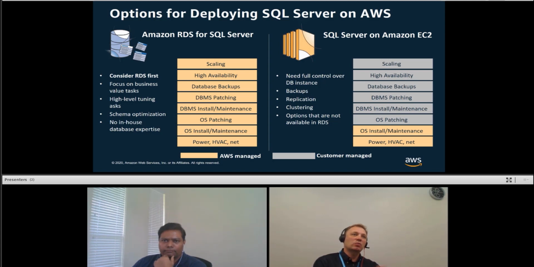Now contrast that with the left diagram, which is what you get out of the box on Amazon RDS. We, AWS, will be responsible for all of those tasks, and hopefully by the end of the discussion, you will be able to configure high availability, a backup strategy, and recovery yourself on RDS.